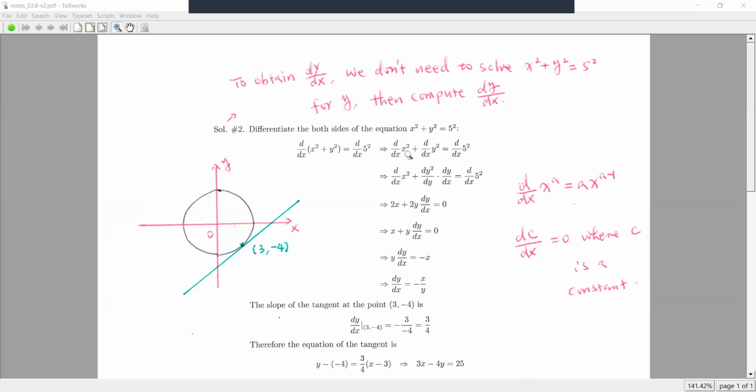Derivative of x squared with respect to x is computable by this formula. Derivative of y squared with respect to x, this derivative is not computable because y and x are different variables.